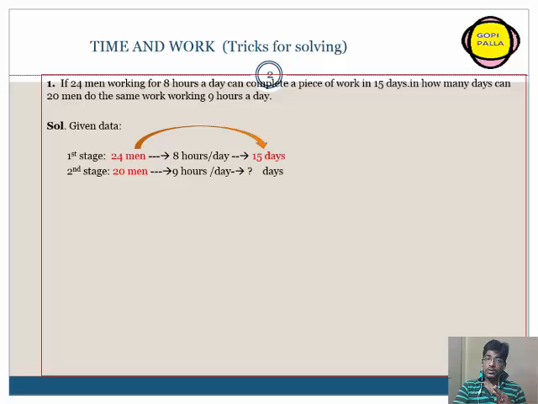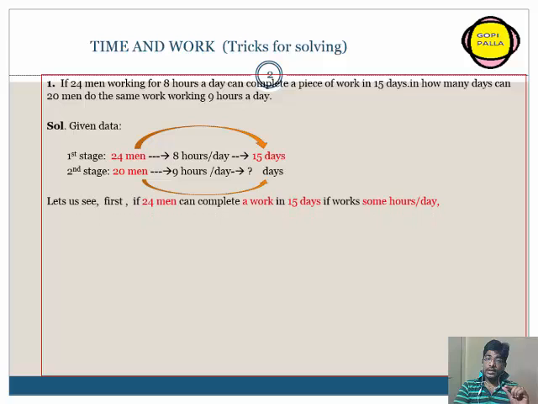That is the problem we have to find out. For that, in the first stage we'll consider only men and days. Logically, 24 men can complete the work in 15 days, and for 20 men to do the work, because people are reduced, it requires more time.